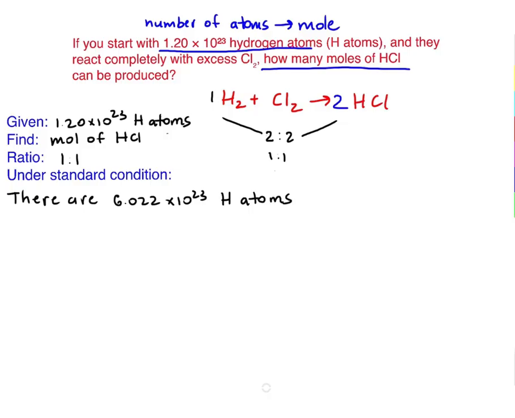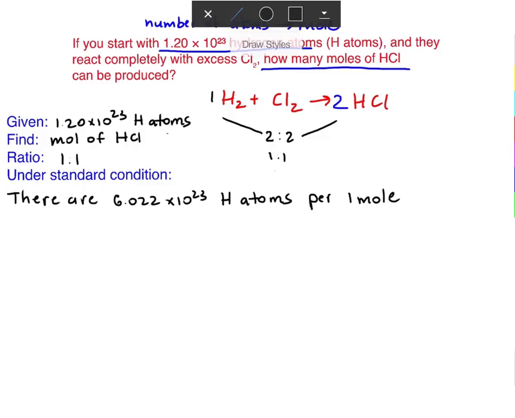So under standard condition that much H atoms you have per 1 mole of hydrogen. And you don't need a molar mass here, because you're going straight from hydrogen atoms to the moles of HCl.